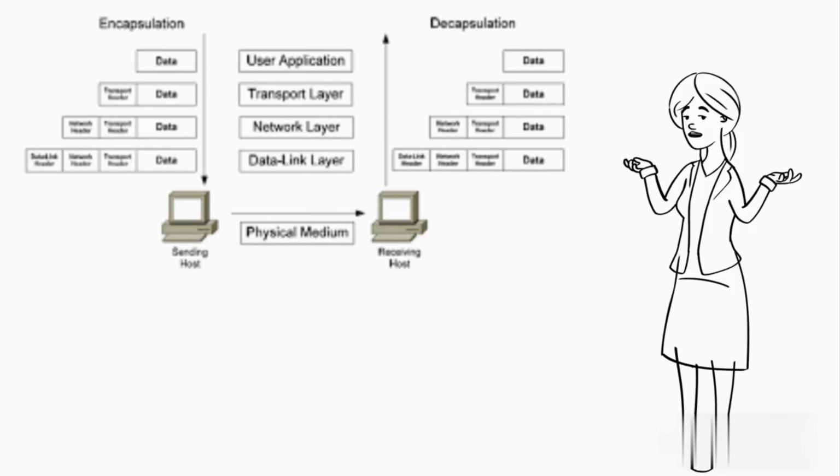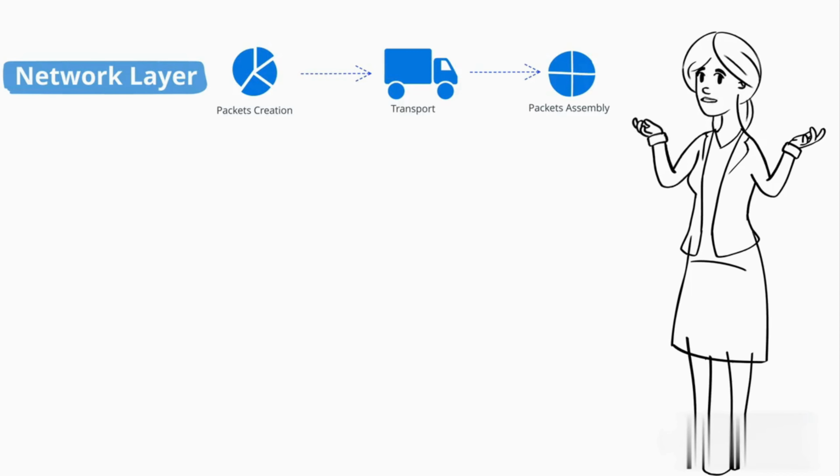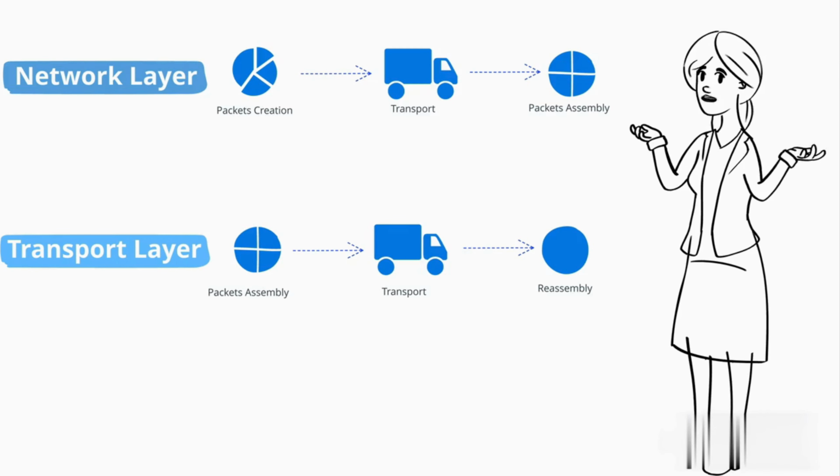For example, the third layer, network layer, deals with packets, while the fourth layer, transport layer, deals with segments or datagrams. The process of encapsulation and decapsulation ensures that data is correctly transmitted and received, maintaining its integrity and coherence.